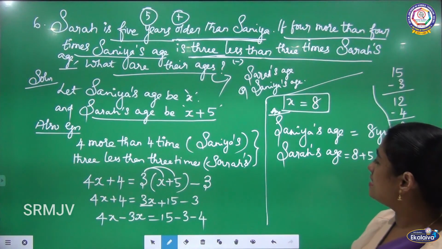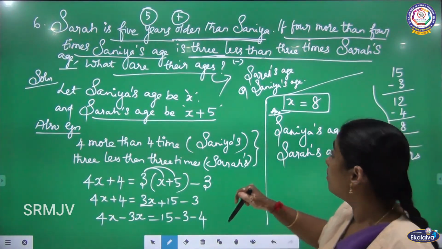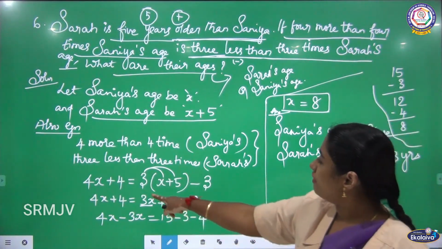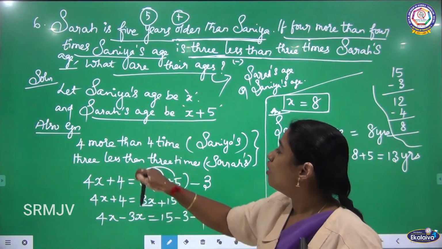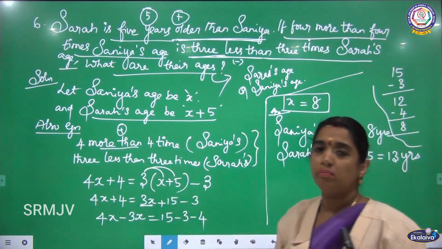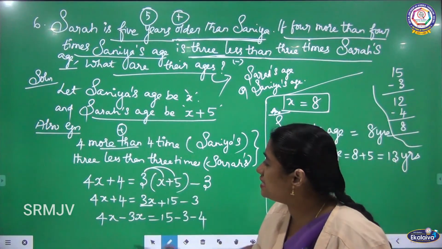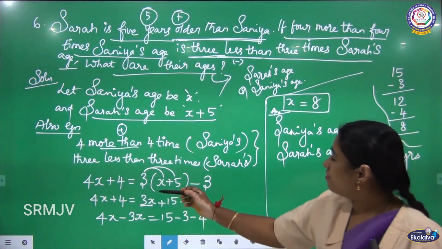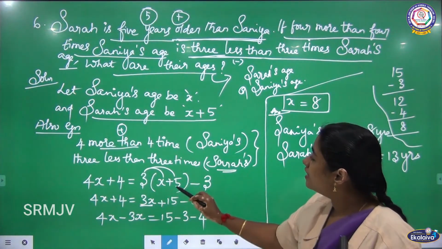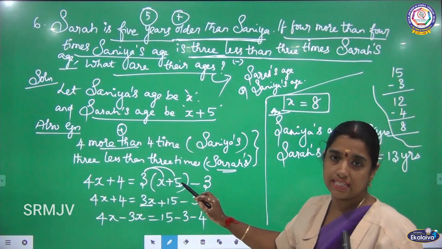Next, 3 less than 3 times is Sarah's, which is given in the question. Here I am going to frame the equation from these 2. 4 more than 4 times means what symbol has to come here? Plus symbol. Less than means minus symbol. So I frame this, but Sarah's age I have taken here as x plus 5, so for that I am substituting x plus 5.